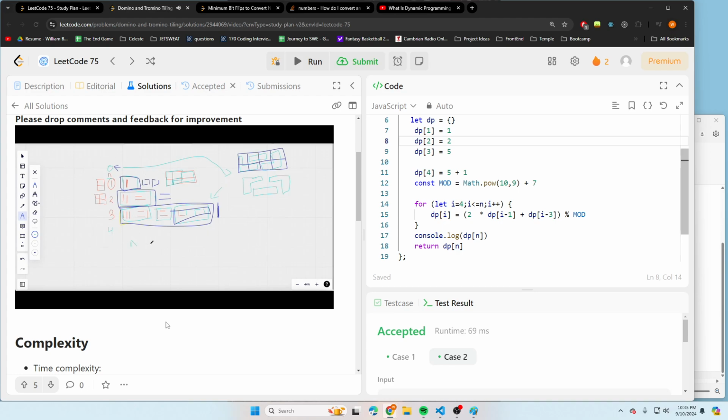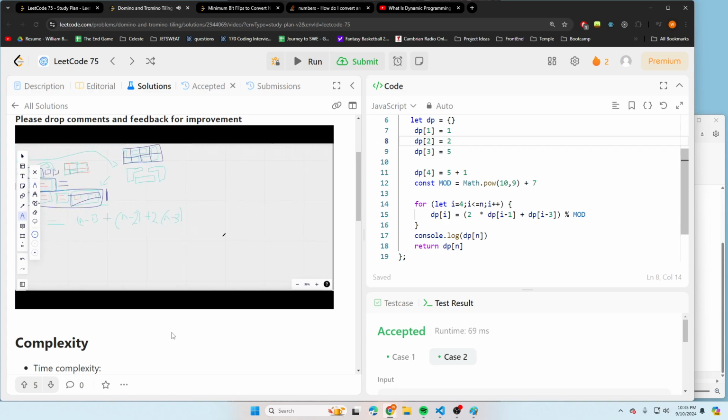To find the value for n, I need the value for n minus 1 plus the value for n minus 2, because I'm adding n minus 1 plus n minus 2. And what about 1? From 1 I'm getting two different values, right? So there are two different ways again here. So n minus 3, and then again from 0 as well, it's the same thing.